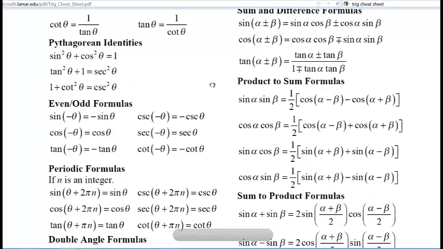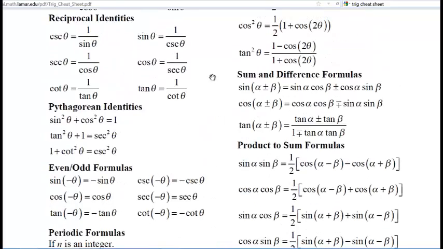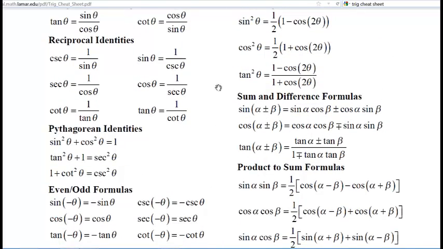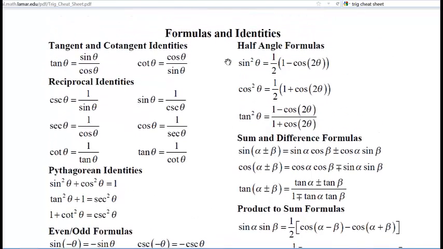Come all the way back up here. Okay, half angles are right up at the top here. And those are good. You will definitely in Cal 2, there'll be a process that comes up, so you will use half angles when that comes up. Sum and difference are, again, another time saver. If you remember those, then that'll help you get the question solved that much quicker.